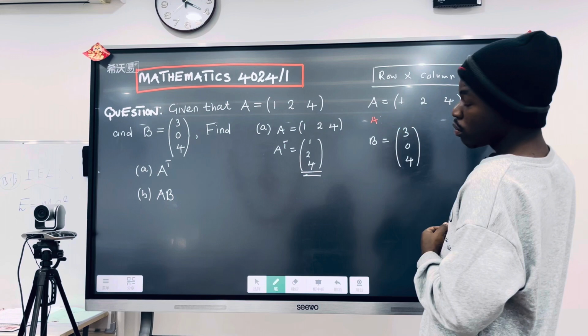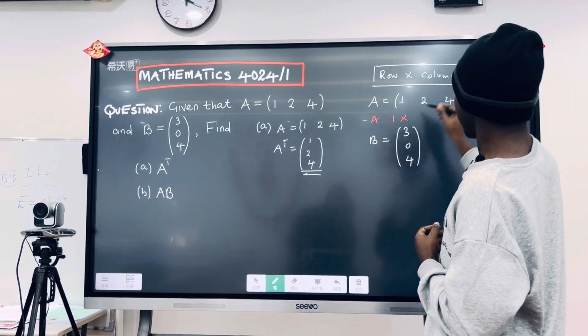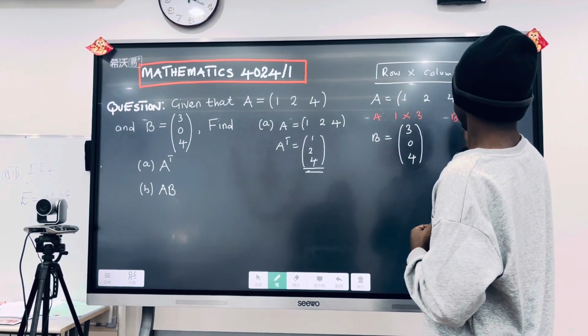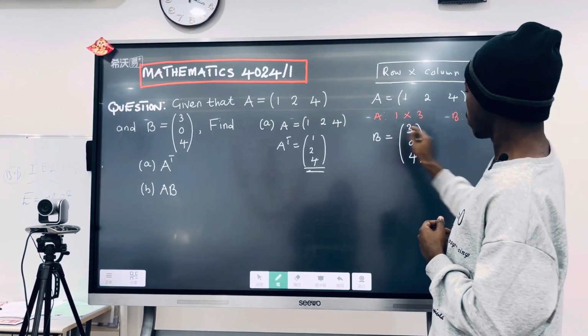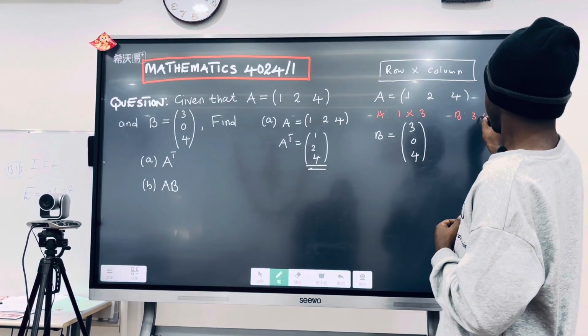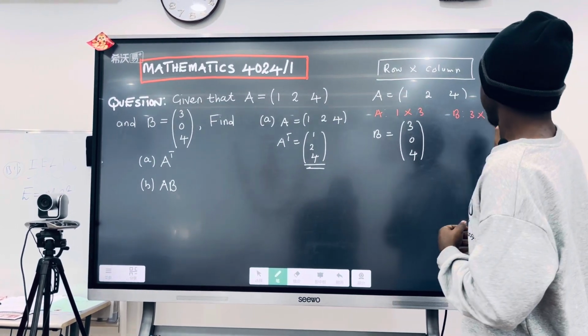We have one row by how many columns? 1, 2, 3. So the order is 1 by 3. How about matrix B? How many rows? 1, 2, 3. So we have 3 rows, by a single column. So 3 by 1.